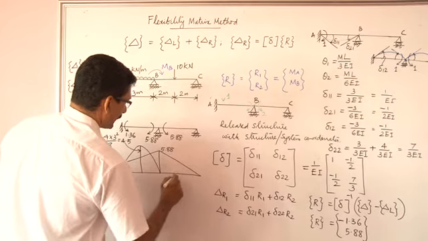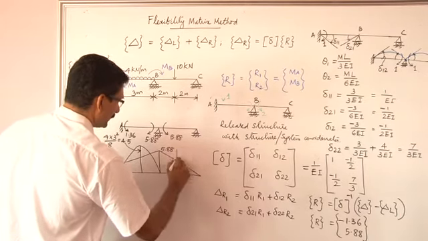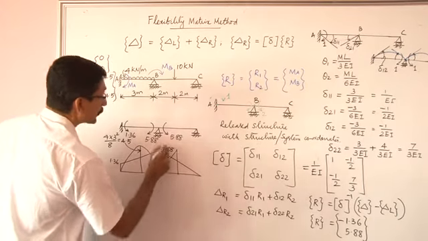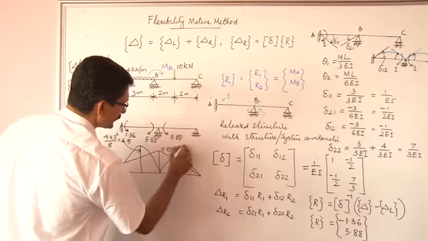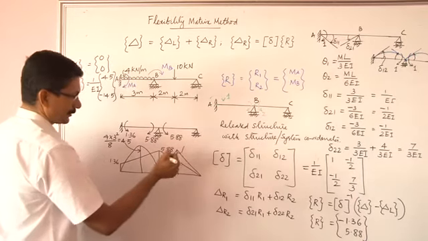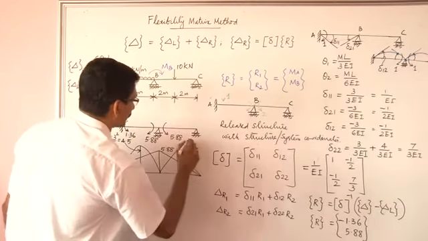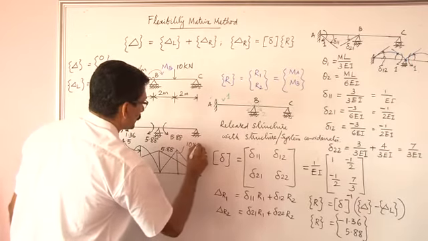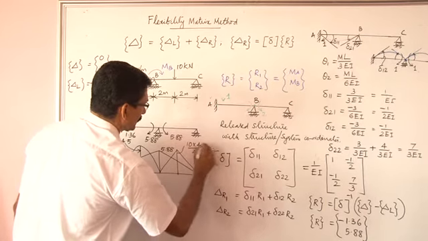Now the simply supported bending moment diagram here would be an isosceles triangle because this load is at the center, and this ordinate is WL by 4, and that is 10. 10 into L divided by 4 will be 10.